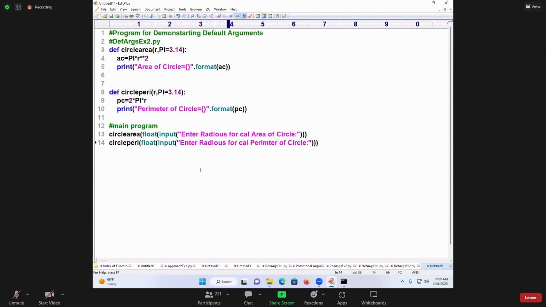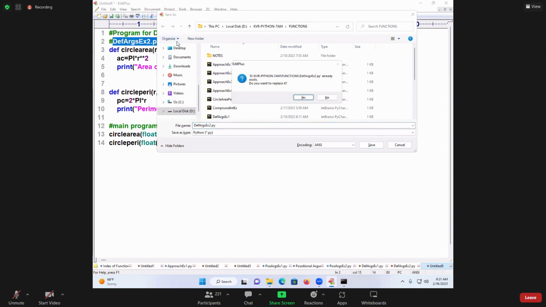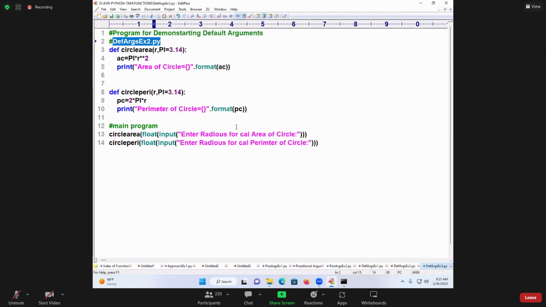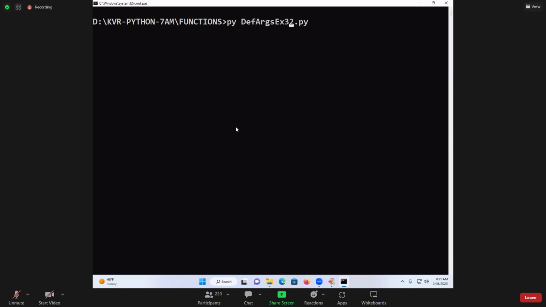Coming to the point, you save this code as default arguments example 3.py. Run it.